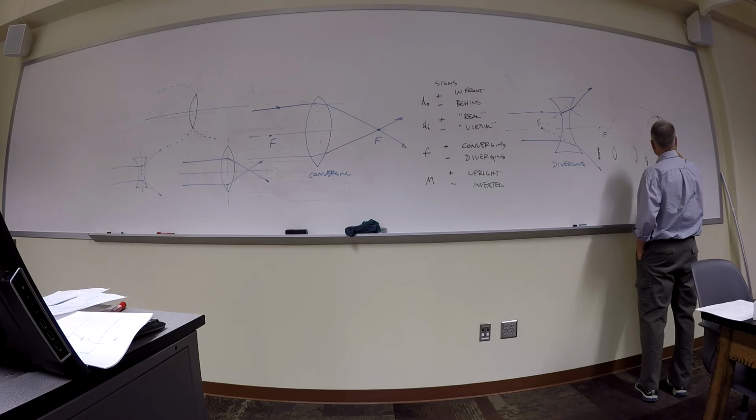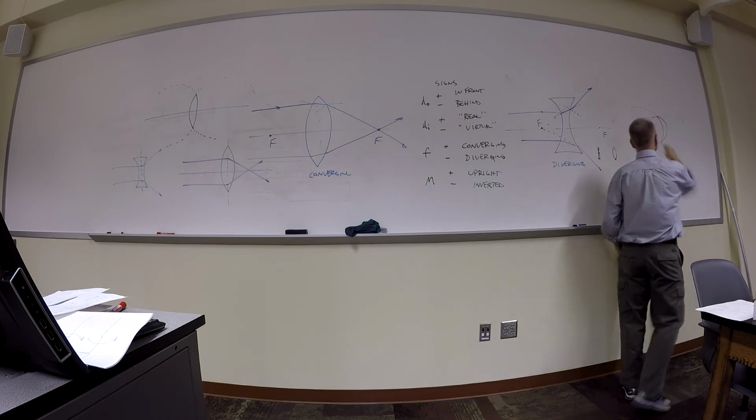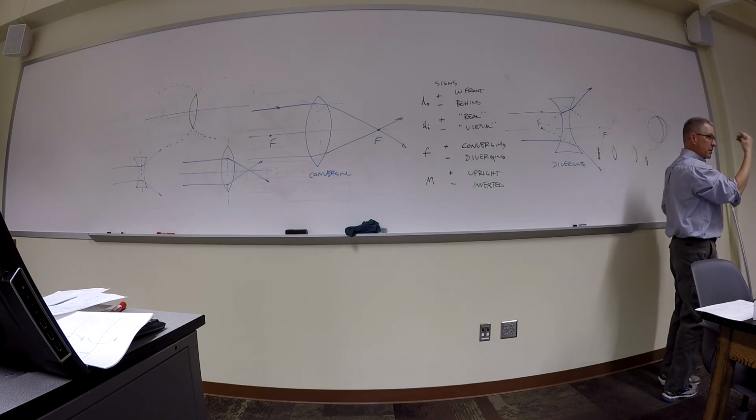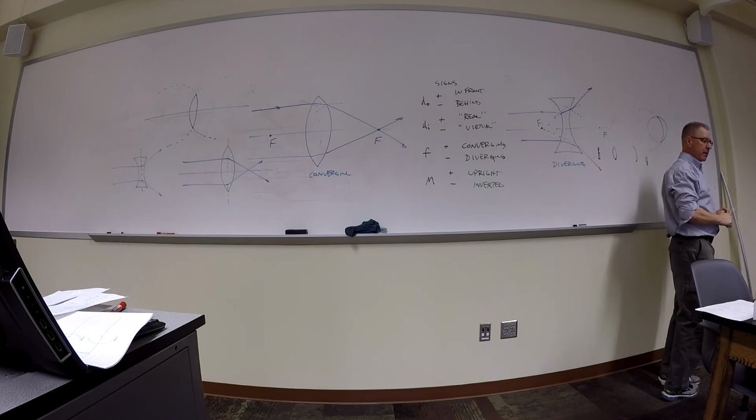Which one has the tighter curvature, the converging or diverging side? Notice the converging side has a tighter curvature. That means that side is stronger. So the converging side would overpower the diverging side to give you an overall converging lens. That's the hard way. Want the easy way?